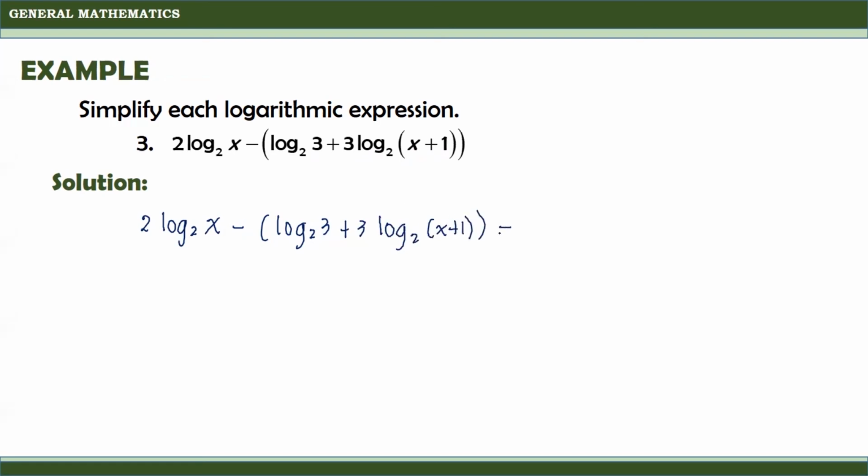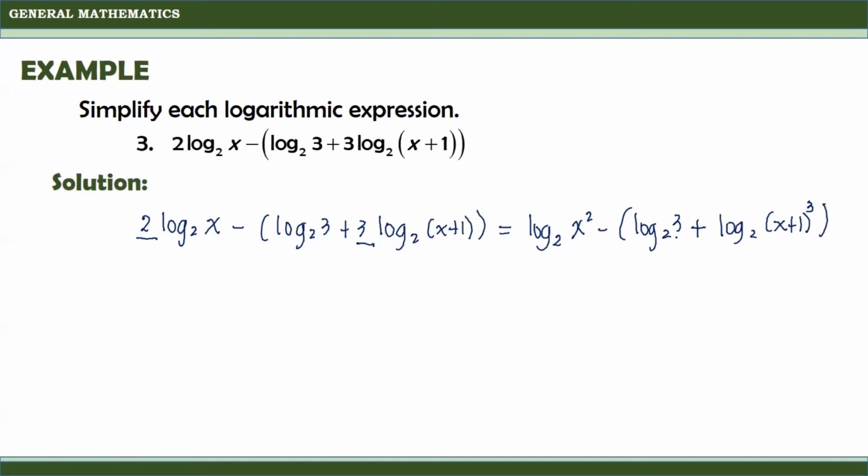Using property number 3, notice that we have a number here and also here, so we will be using them as our exponents to the powers. It will become logarithm of x squared to the base 2, then minus logarithm of 3 to the base 2 plus the logarithm of x plus 1 quantity cubed to the base 2.